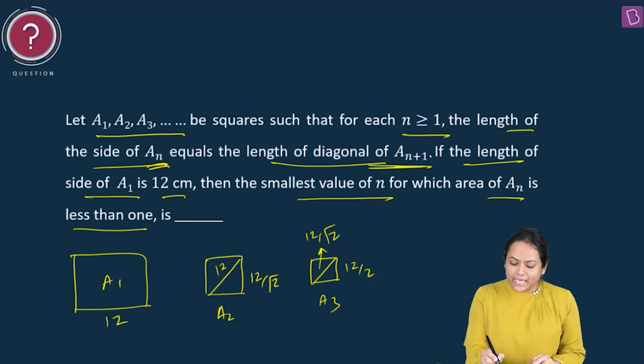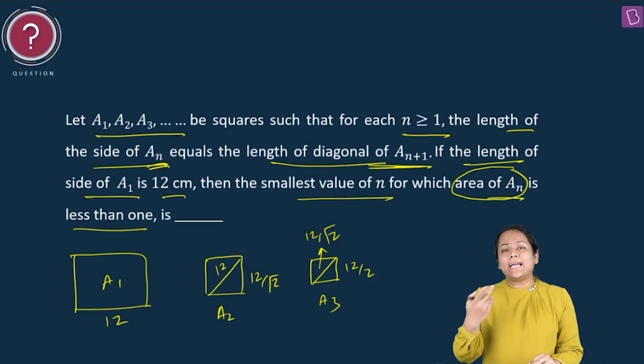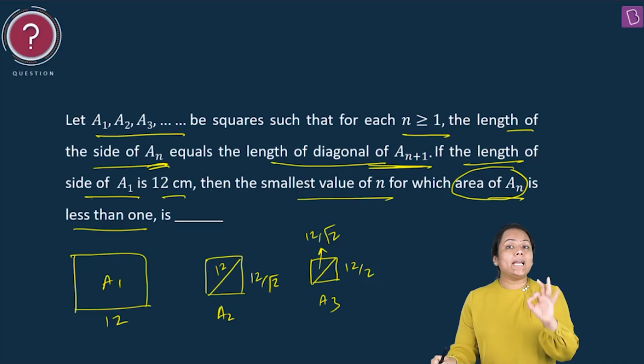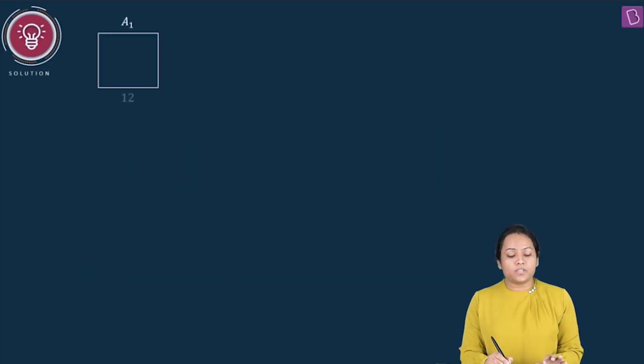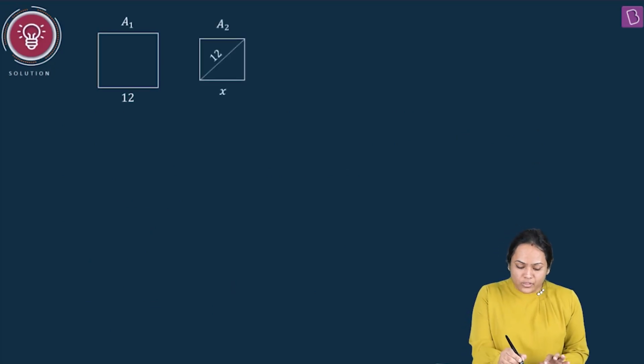So to get the area of An, what do I need to find? Well, I need to find its side, right? So let's quickly write this pattern. So this is what we have observed. I have A1 with side length 12. Then I have A2 whose side length we have just found out is 12 by root 2.